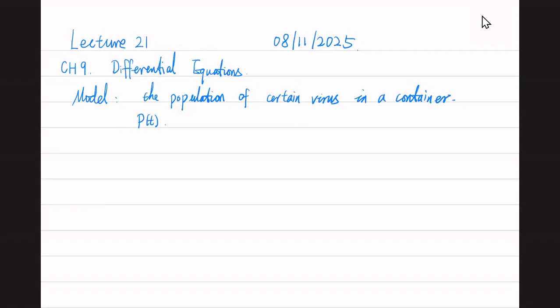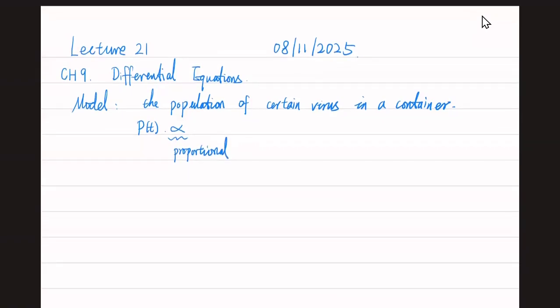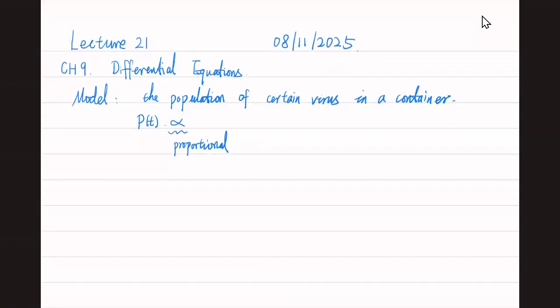And the hypothesis is P(t) is proportional. So we use this for proportional. So it's the change of the population, proportional to the population.